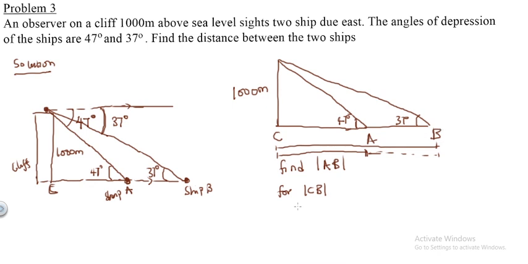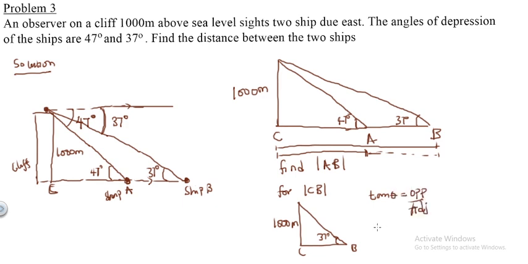The triangle concerned with line CB is this triangle BC. This is 37 degrees and this is the 1000 meters. The trigonometric function connecting these two parts is tan. We know that tan theta is equal to opposite over adjacent.